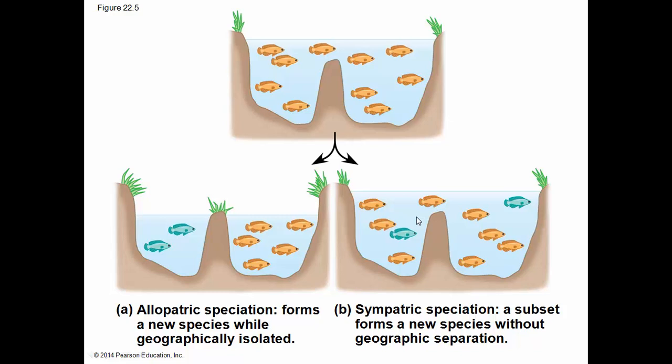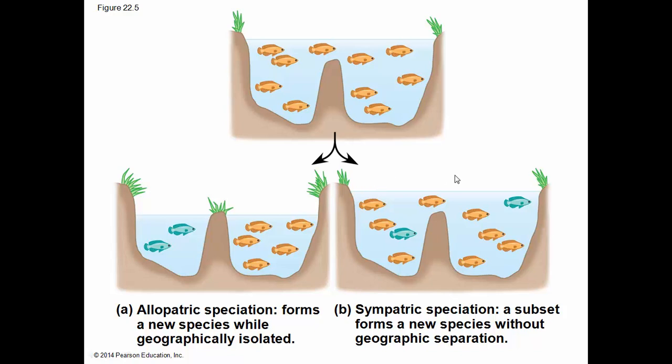Generally, sympatric speciation occurs in plants for the reason that I identified with you earlier when we were talking about polyploidy speciation with the rice plants.